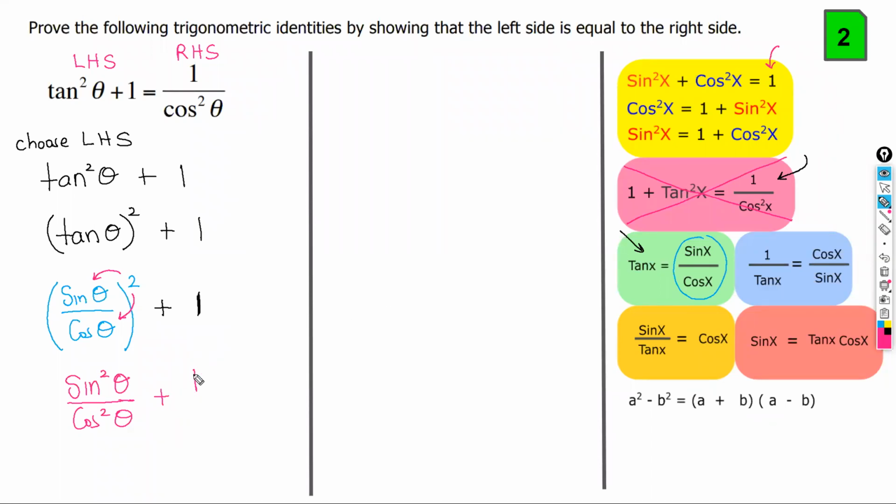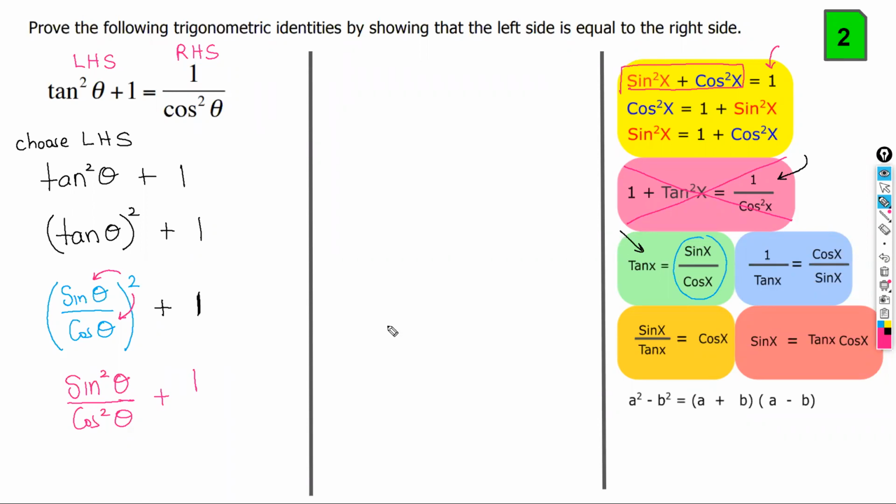But I guarantee you, even though it's mathematically correct, it will not help things. It will just make the question more complicated, and we will move further away from arriving at the right-hand side. And how do I know that? I only have one answer for you: experience. I did enough questions to know that that is not the correct way to go about the question.